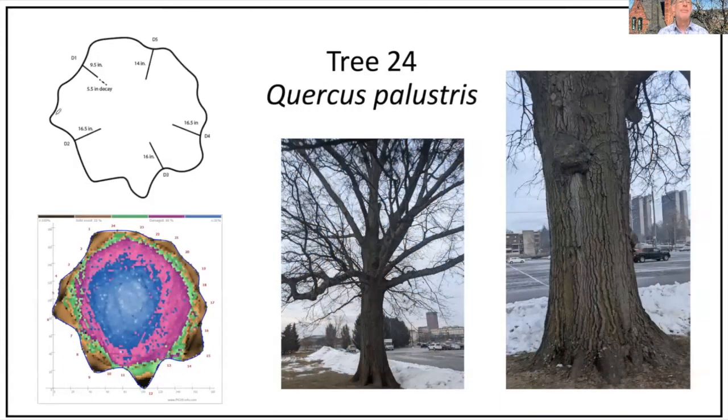Tree 24, this is a little bit different. Now, this tree has, based on the blue in the middle of the tomogram here, substantially more decay than the previous 2 trees. So we're not looking at whether the tree had an improbable likelihood of failure or a probable likelihood of failure.